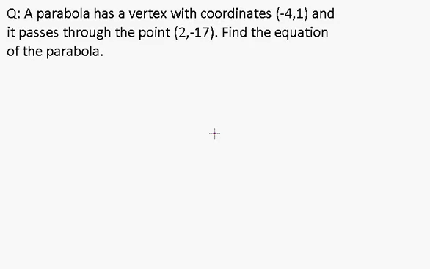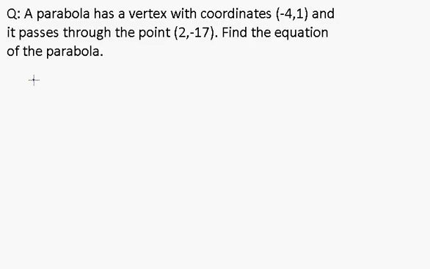Okay, so first of all we're told the vertex, which is good, but we're not told the y-intercept this time. We're just told a general point on the parabola. It shouldn't make too much of a problem for us, so here goes.